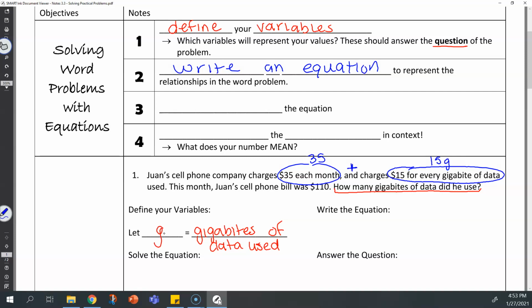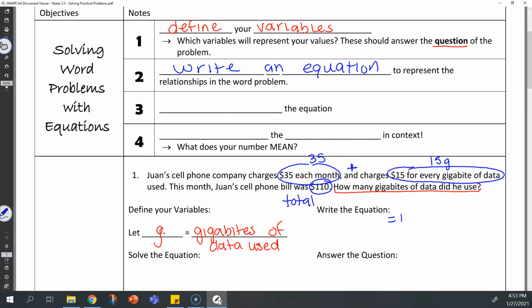Okay. This month, his bill was $110. This is my total. Normally, in questions like these, you will have a total. And it helps to recognize what that total is because when I write my equation, that total is going to be all by itself on one side of the equal sign. I personally like to put my total on the right-hand side.